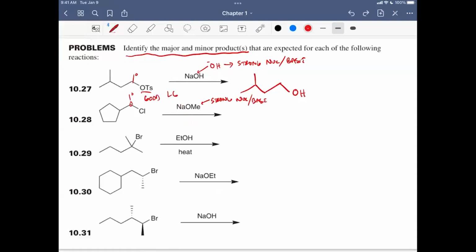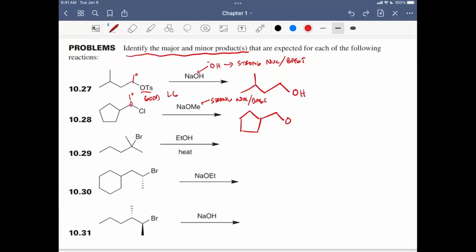It's a primary, so this could be E2 or SN2, but since it's primary and a good leaving group, it is going to be SN2. So you're just substituting out that chlorine for the OMe.